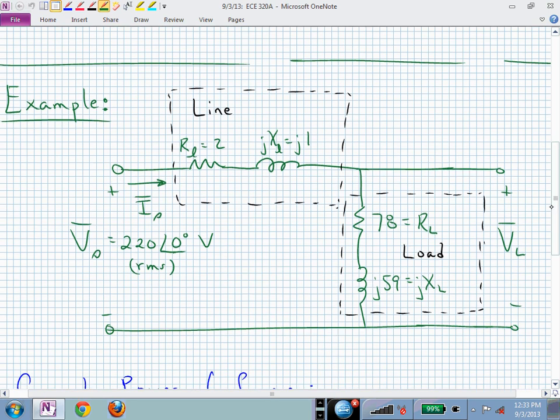But here we have one load could be the transmission line, and another load could be what we're calling the load. So this really is two loads. It's just typically we think of the load as being the load, and the transmission line is maybe what's lost in transmission of that power from the source to the load.